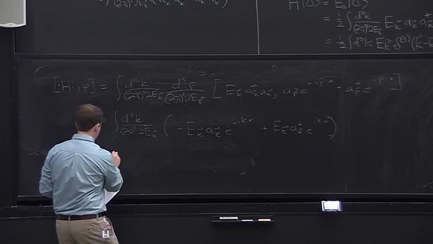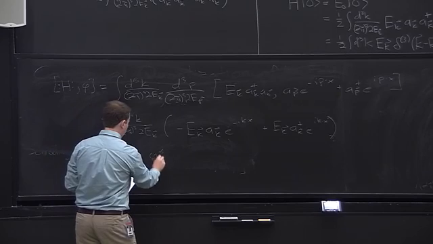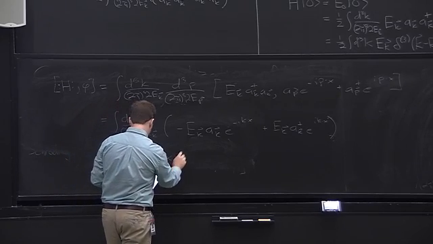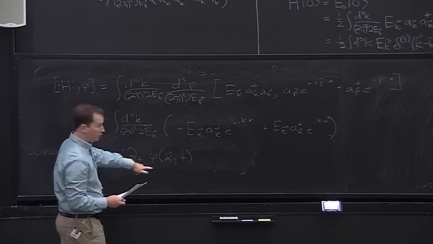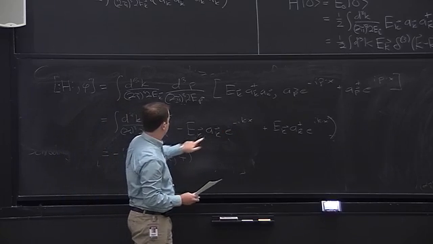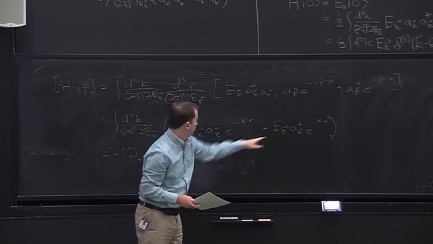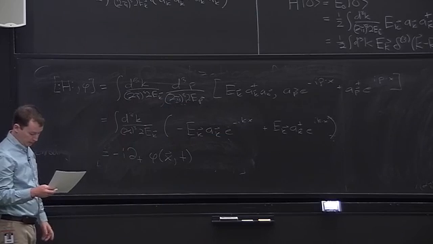Which is just what we get when we compute the time derivative of our field operator. We just bring down a factor of plus or minus i E_k. So this is all consistent.